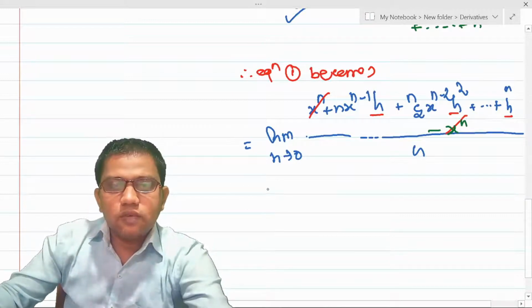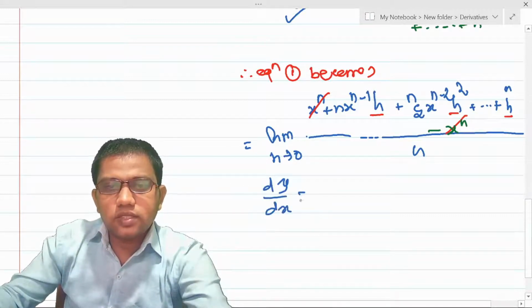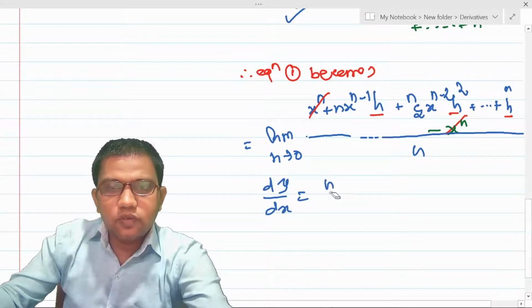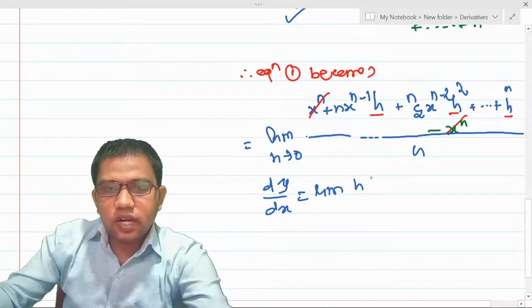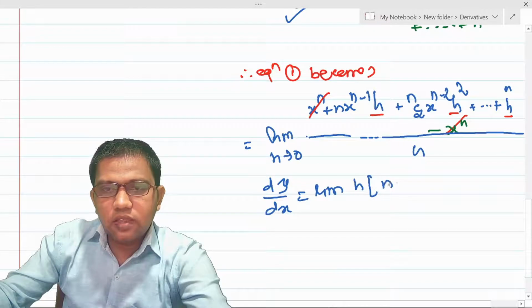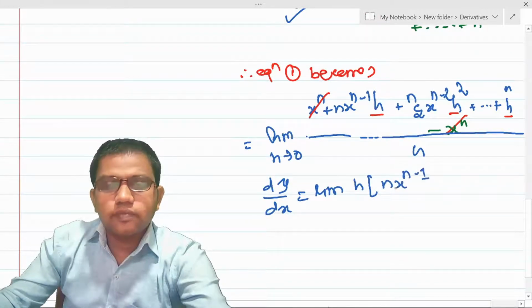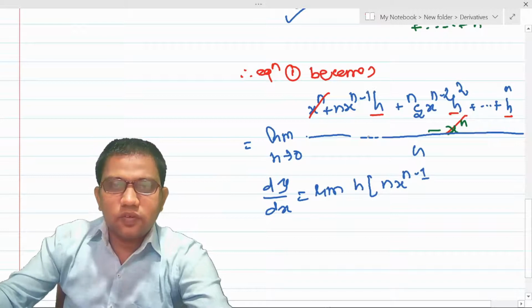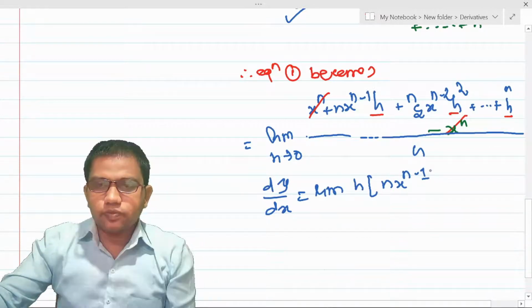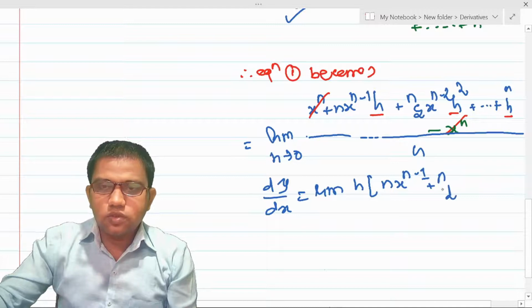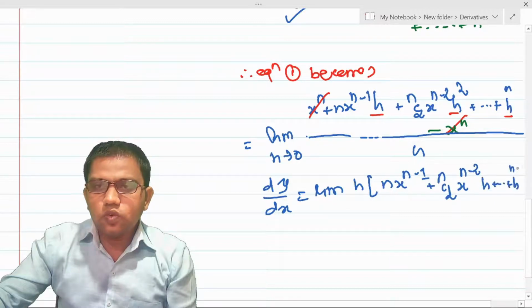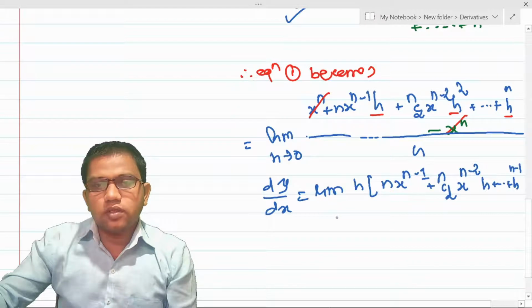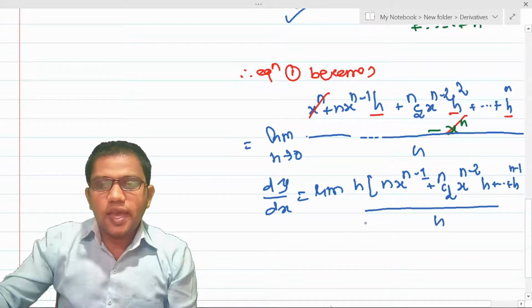So dy by dx is equal to the limit as h tends to 0 of h outside, and inside the bracket we get n x raised to n minus 1, this is the first term, then nC2 x raised to n minus 2 into h, plus up to h raised to n minus 1, divided by h.